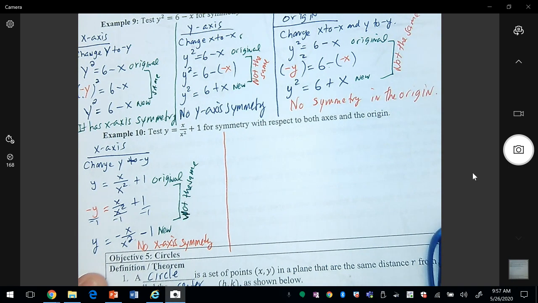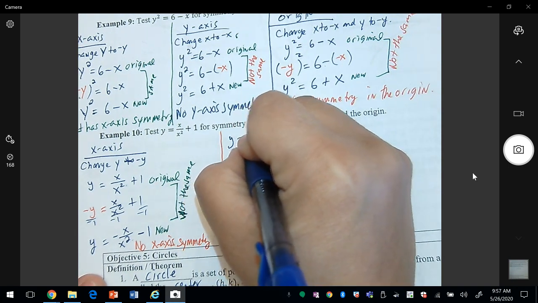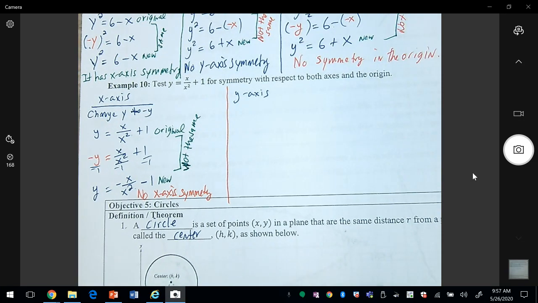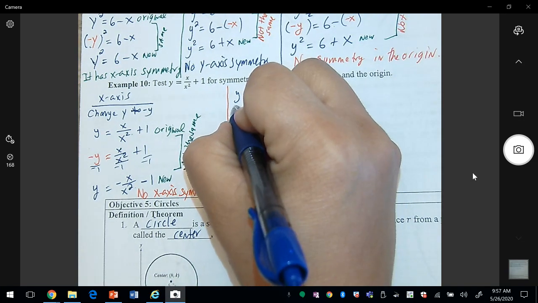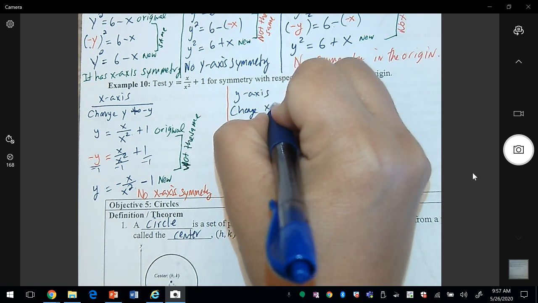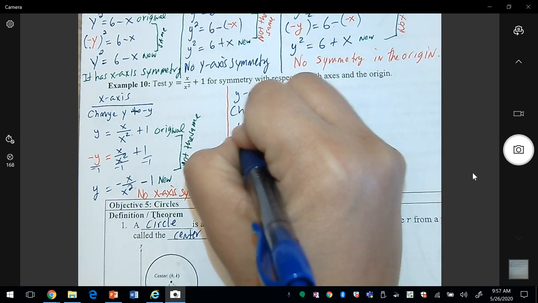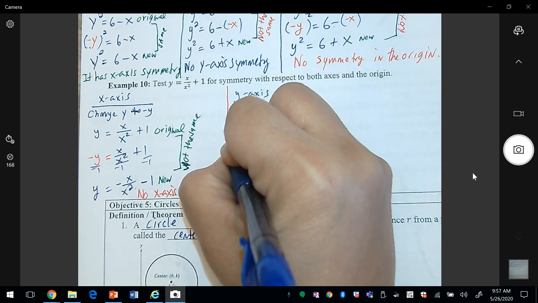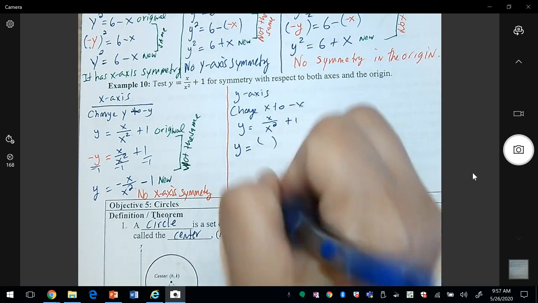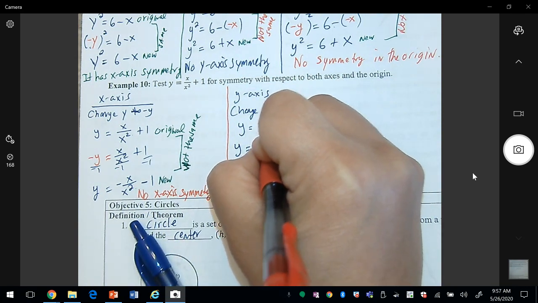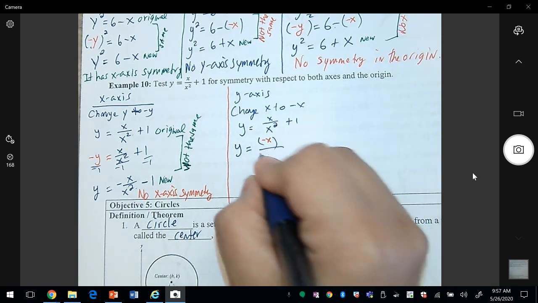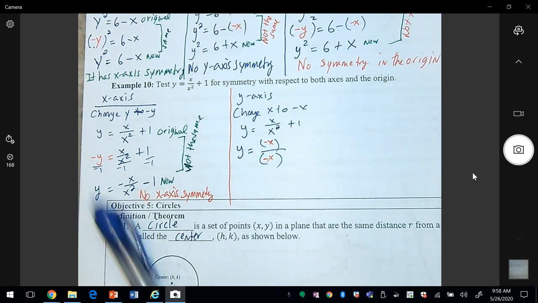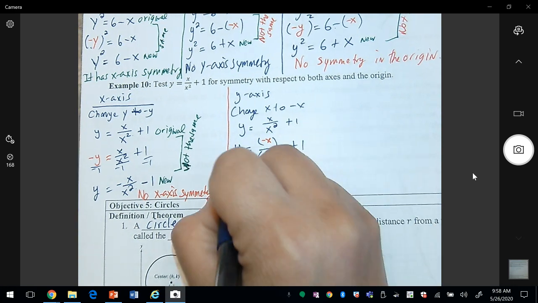Okay, so let's check the y-axis. We're going to change x to negative x. So anywhere we see an x, we're going to change it to negative x, and simplify.